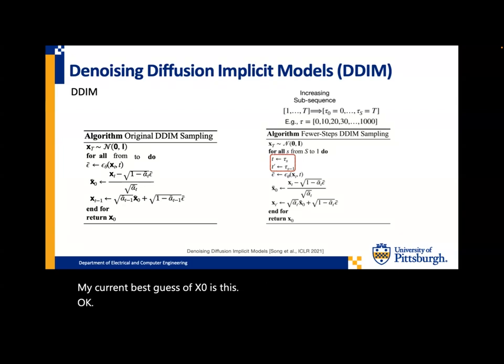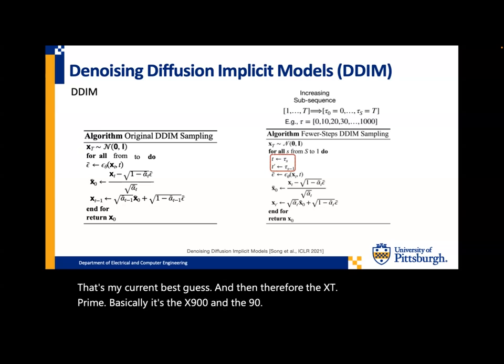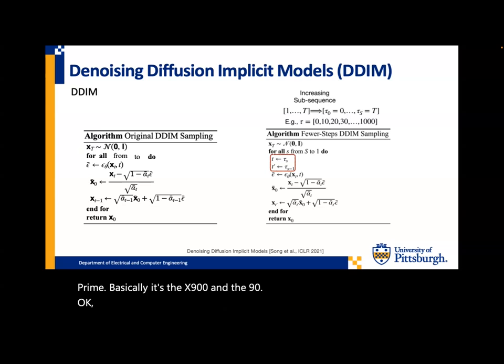That's my current best guess. And then therefore, the xt prime, basically it's the x 990, equals my best guess plus this noise.